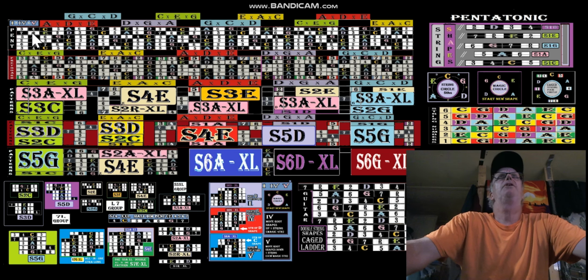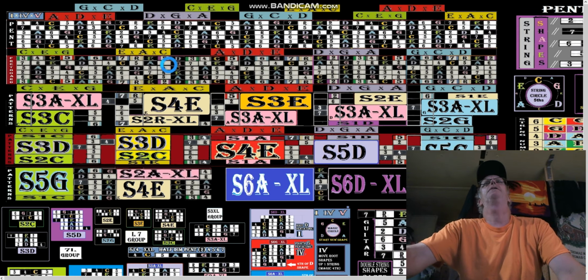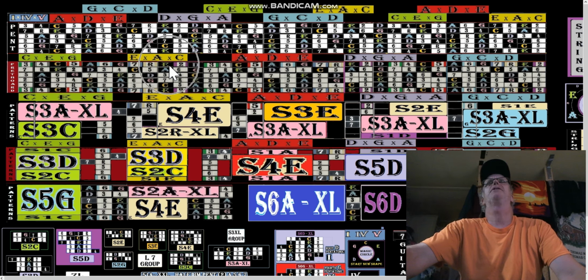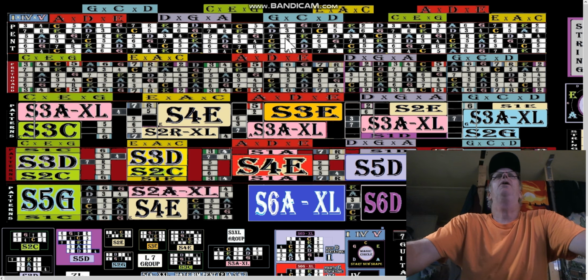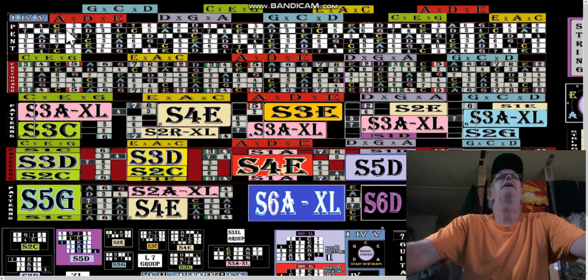Up here I have a totally pentatonic fretboard. So in case we want to look at the pentatonic fretboard and just get an overview of it, you can see all of it going on. You can see all the different positions. Here's C pentatonic, here's A pentatonic, here's G pentatonic, here's E pentatonic. These are all short patterns.